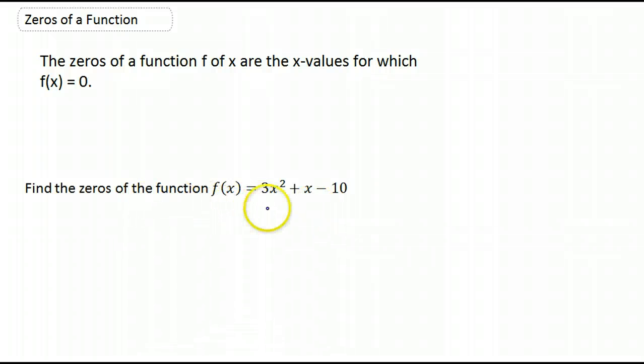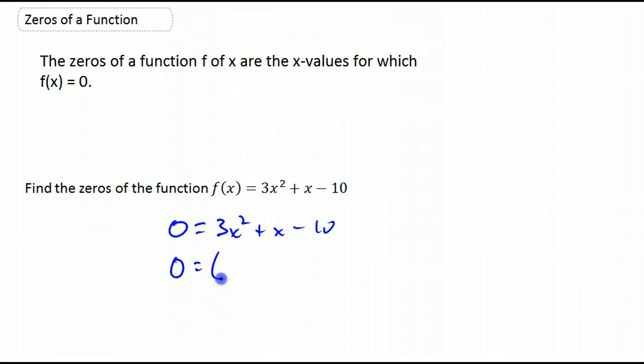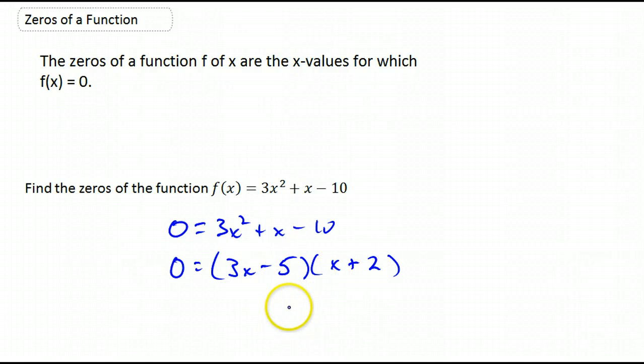So if we want to find the zeros of this function, we're going to set the function equal to 0, and we're going to solve for x, which means we're going to factor this. And we want to get a positive 1 in the middle, so I think I'm going to do a +2 and a -5. That'll give me a 6x minus 5x, which is 1x.